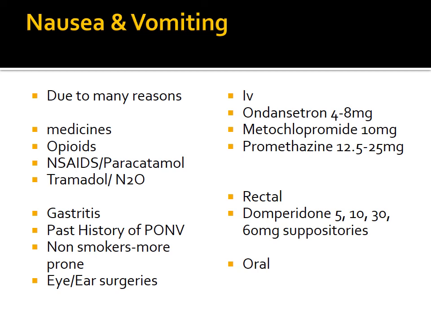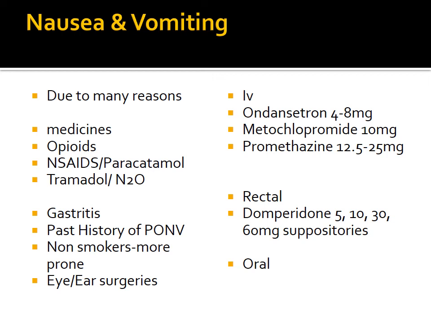Nausea and vomiting is again something that you have to be concerned with. A patient having nausea and vomiting could be due to many reasons. It may be due to medicines like opioids, non-steroidal anti-inflammatory drugs, even paracetamol, tramadol, and nitrous oxide.